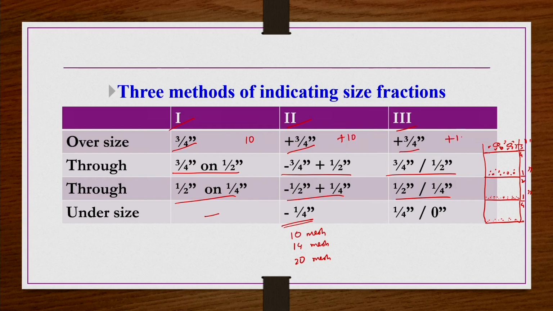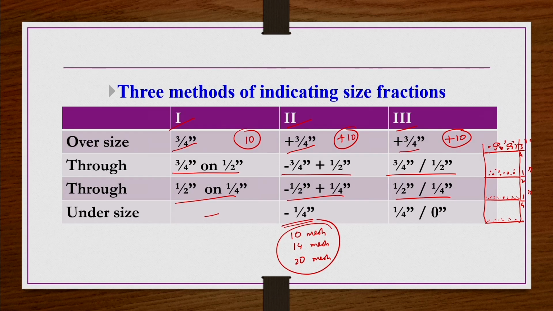I do not mean that this 10 mesh has a 3/4 inch opening, it is just a kind of representation only. The same representation I wanted to show in terms of mesh number. So, I am using roughly other numbers. They do not indicate the same opening as 3/4 inch, 1/4 inch or 1/2 inch as written here.